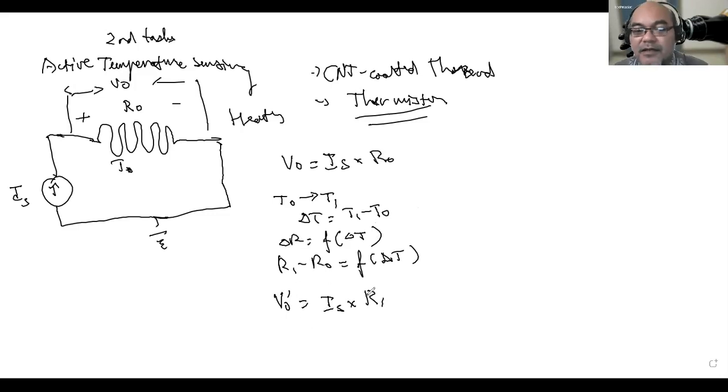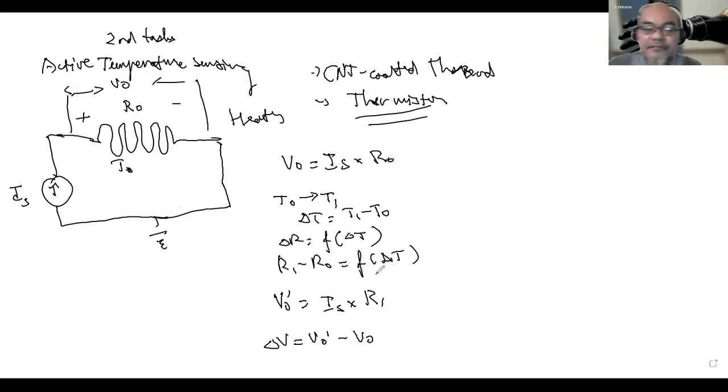The V output will be IS times R1. As a consequence of this value change, there will also be delta V equal to the current output voltage across this thermistor minus the initial output voltage.